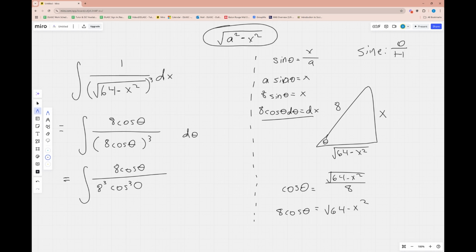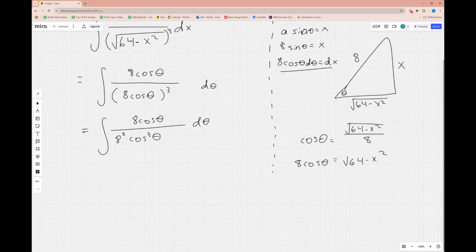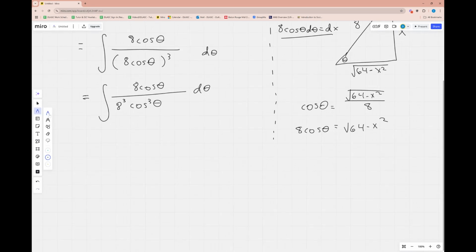It's going to be cosine cubed theta, d theta, right? And then that is going to reduce to, I'm going to go ahead and pull it out, 1 over 8 squared, right? Which is 64 because we have an 8 in the numerator that cancels 1 8 in the denominator. And so we end up with 1 over 8 squared. Right, and that's just a constant, so I'm going to go ahead and pull it out.